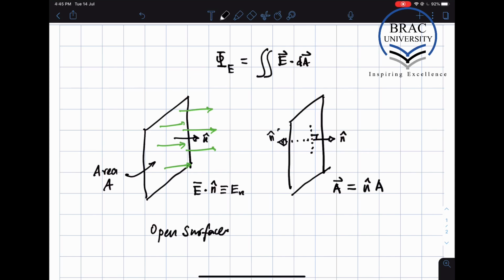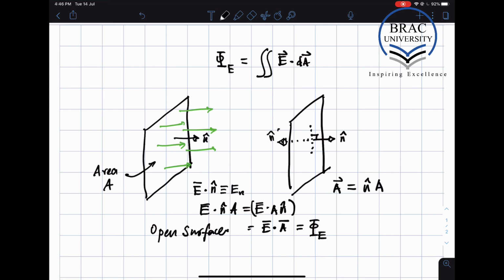But for the electric flux, what we want is to multiply this quantity by the area of the open surface, and because this is just a scalar product, I can write this as E dot An, which gives me E dot A. And this is what we call the electric flux through this open surface.